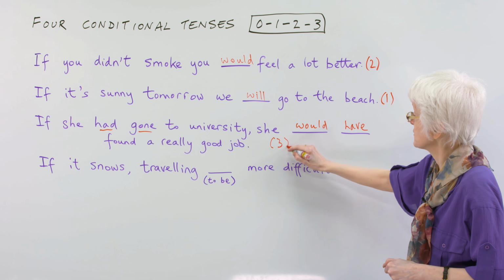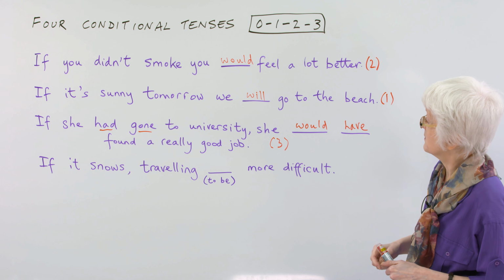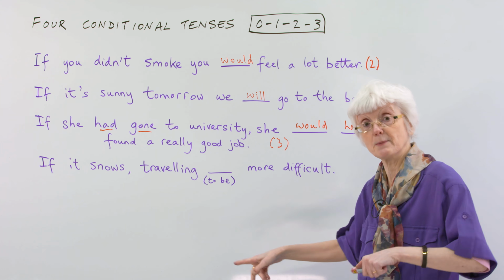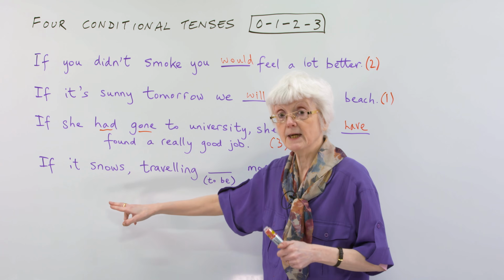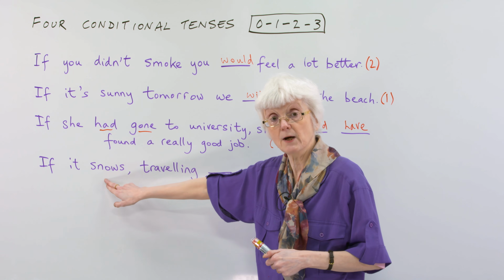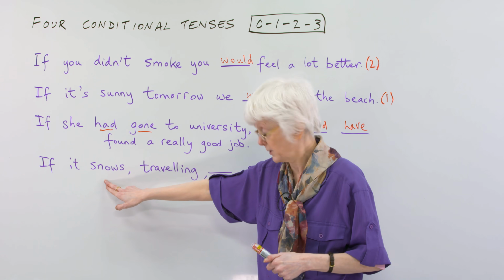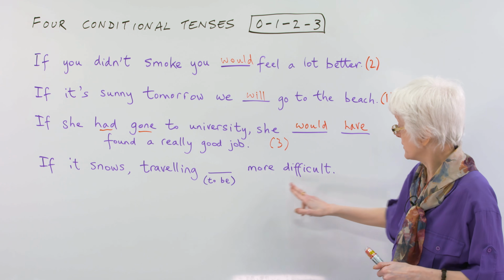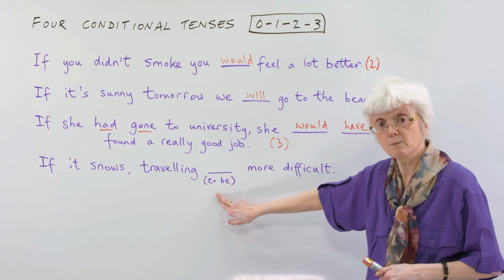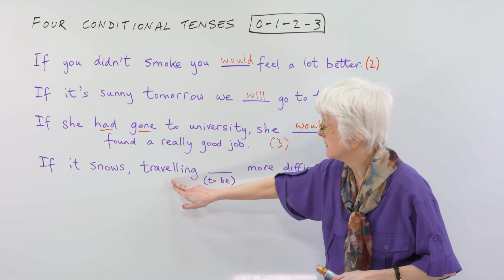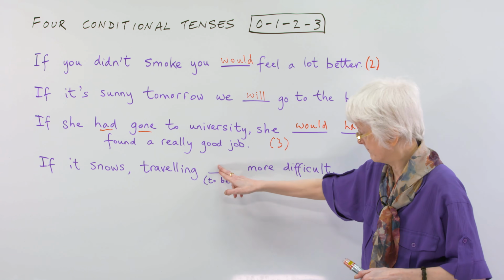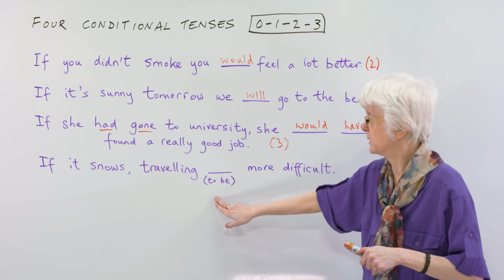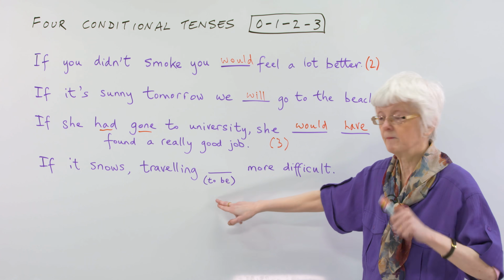So finally then, the last one, and this is the simplest one. If it snows, snows, present simple, travelling ___ more difficult. And this is the verb to be here, travelling. You're saying travelling, more difficult in the present simple of the verb to be.